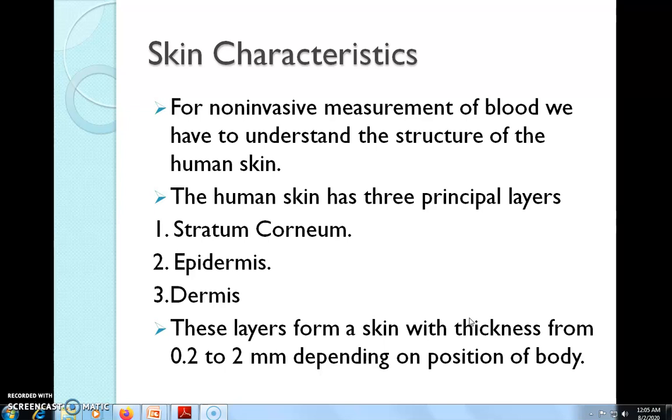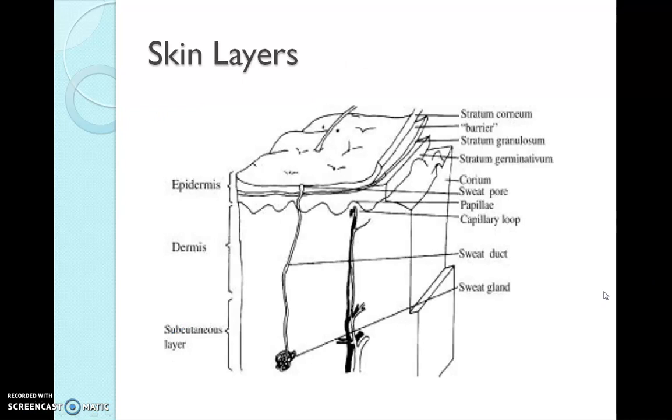These layers form a cohesive structure that typically varies in thickness from 0.2 to 2 millimeters, depending on the position on the body. This is the basic diagram of human skin.